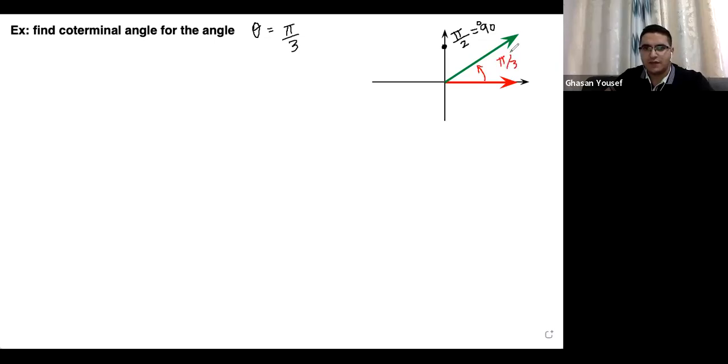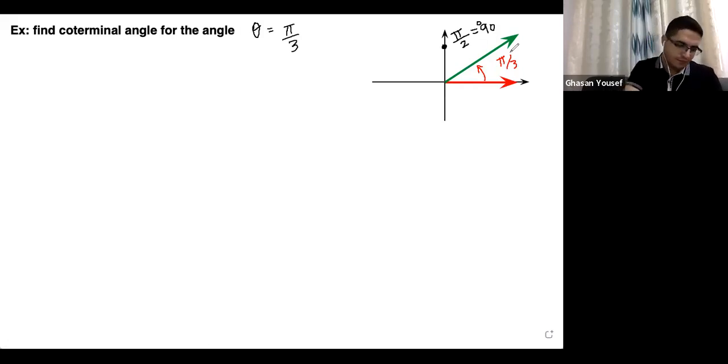Pi over 3 is exactly 60 degrees, correct. If you want to convert pi over 3, as I taught you last time, you multiply by 180 over pi, and it is 60.